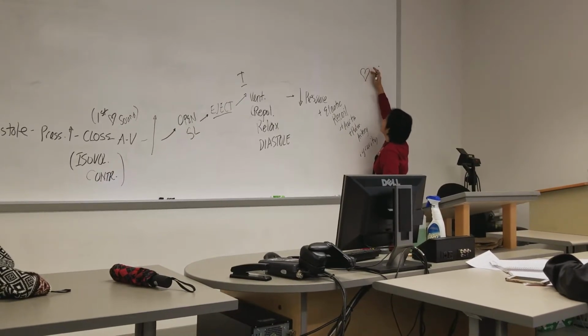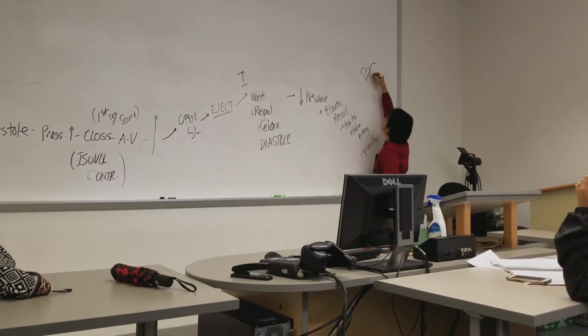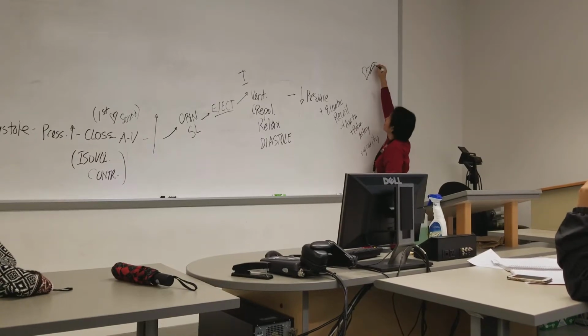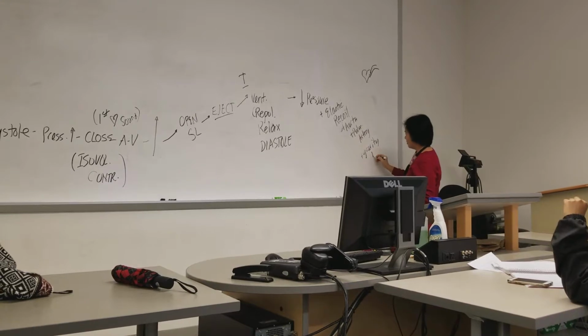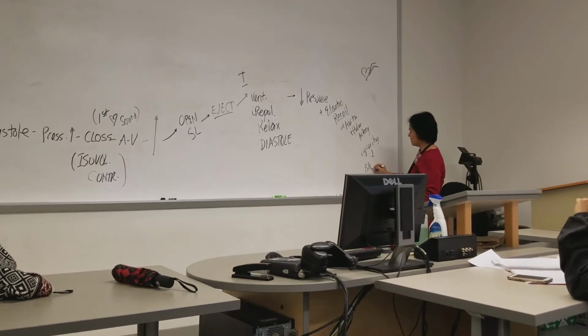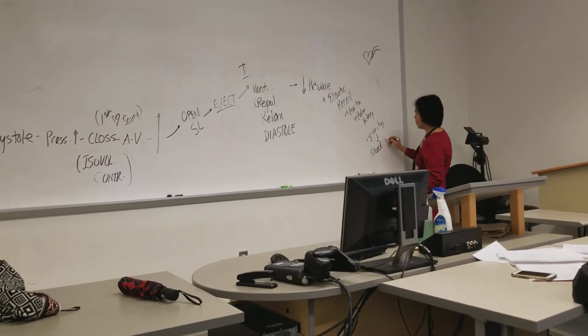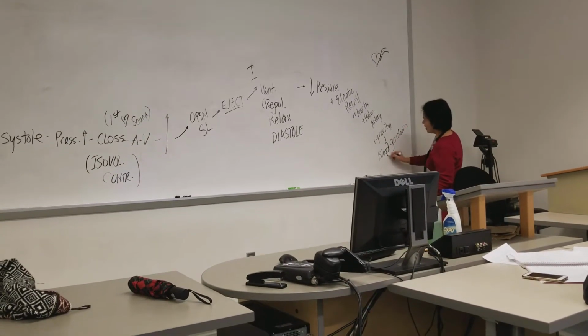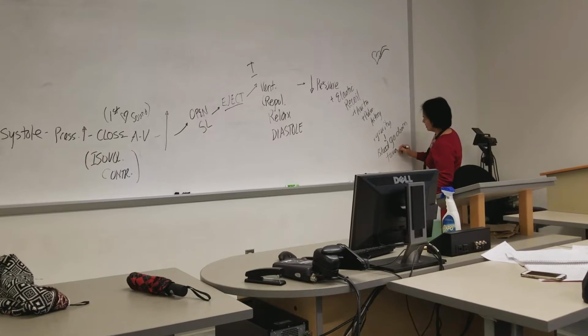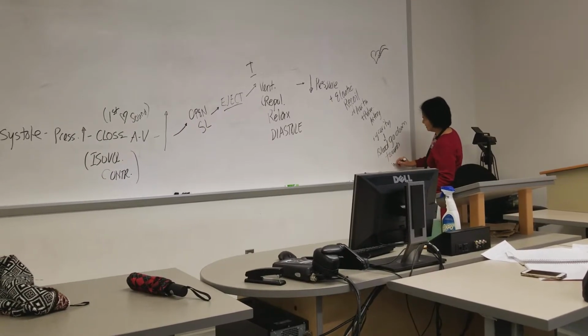And the aorta, you saw in the cat, the aorta and the pulmonary are up there. So the blood will fall down, right? So the blood will go down towards the ventricle, right?